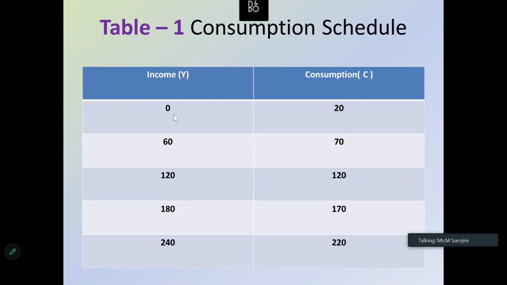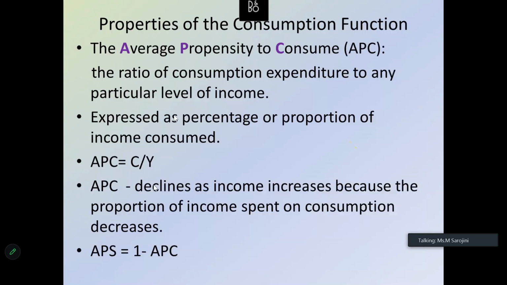That is the reason the APC declines as income increases, because the proportion of income spent on consumption decreases. Therefore, here APS is equal to 1 minus APC also, right?